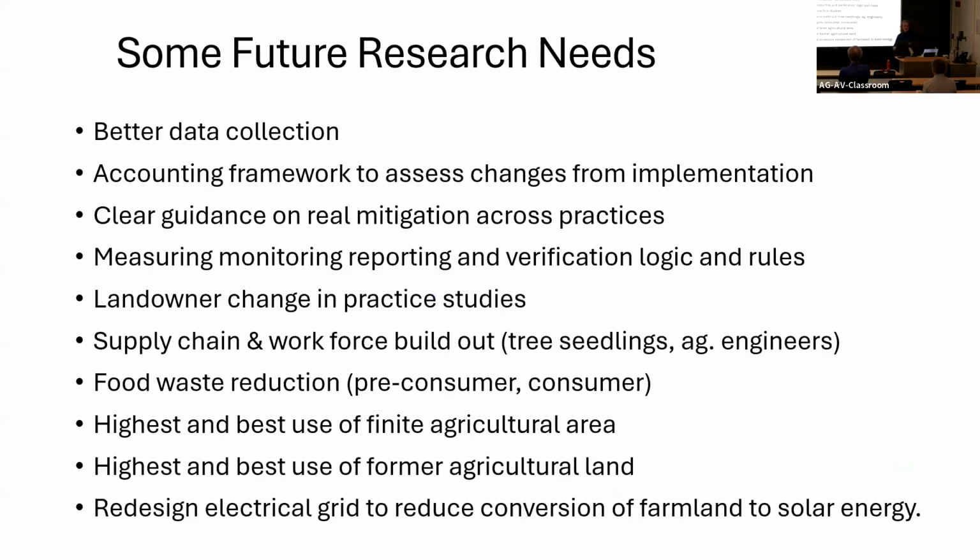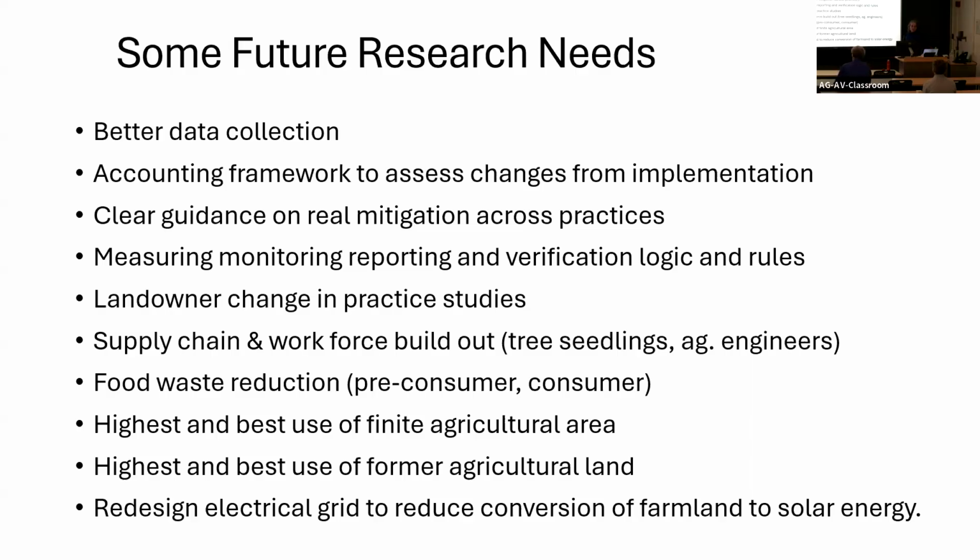There are all kinds of next steps, some future research needs. We all need better data collection. We need an accounting framework to assess how a change in practice and the implementation works out for the net. We need clear guidance on real mitigation across practices. We need to develop measuring, monitoring, reporting, and verification logic and rules.